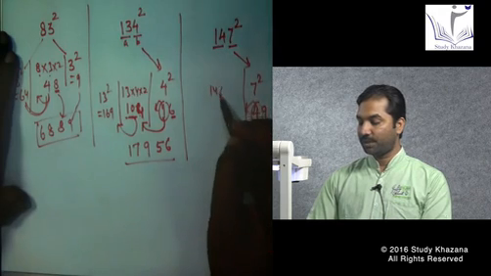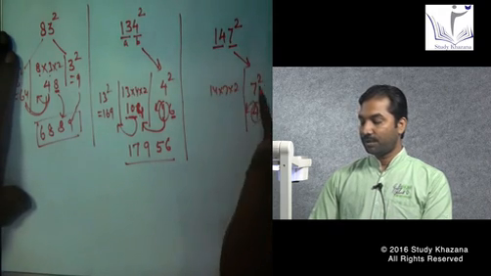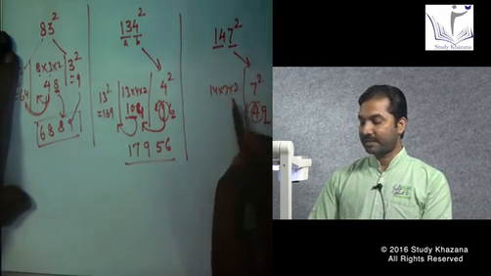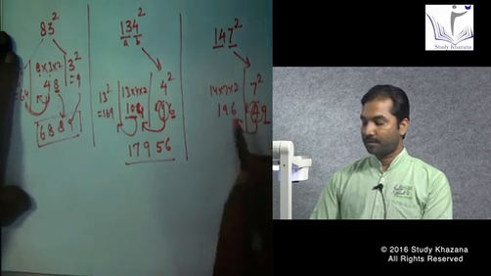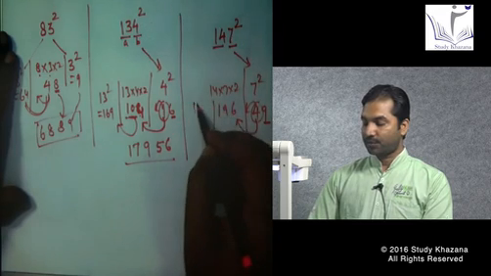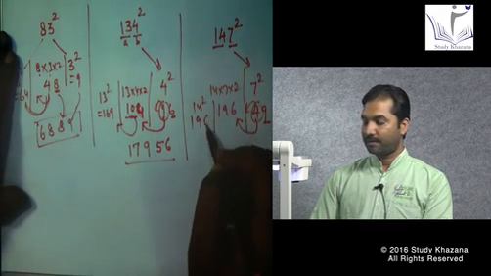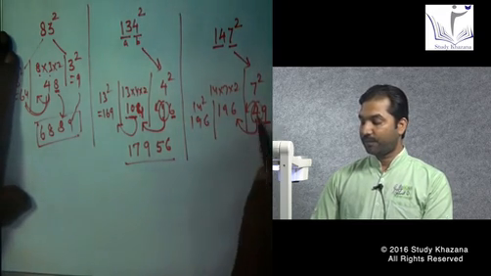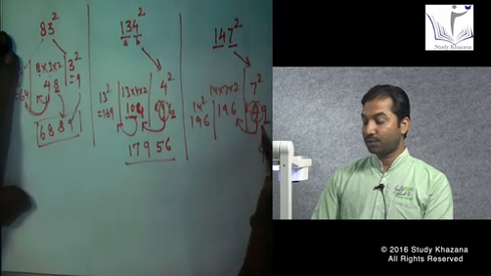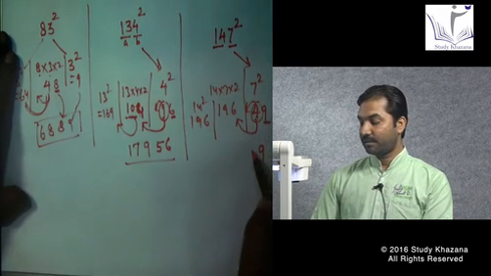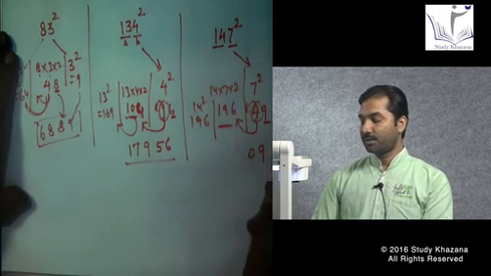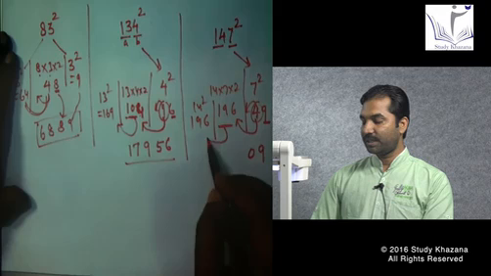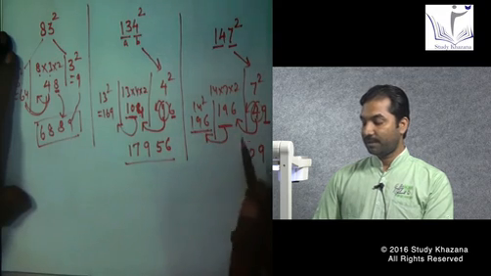Next number is 14 into 7 into 2, it becomes 196, and 4 is added, it becomes 200. Here is 0, and here the carry over is 20. Next number is 14 square, it is 196.